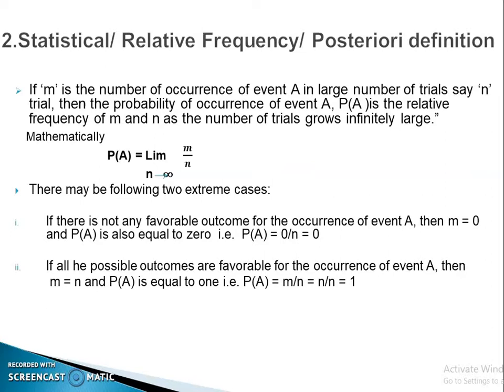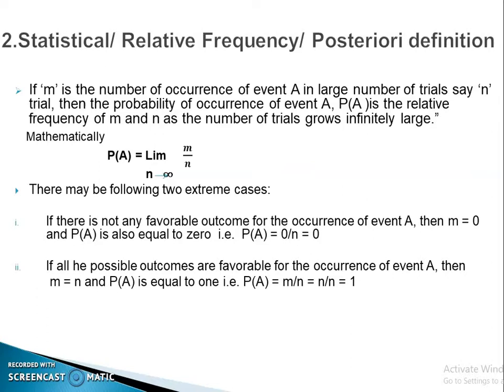Definition: if m is the number of occurrences of event A in a large number of trials, say n trials, then the probability of occurrence of event A, P of A, is the relative frequency of m and n, as the number of trials grows infinitely large.